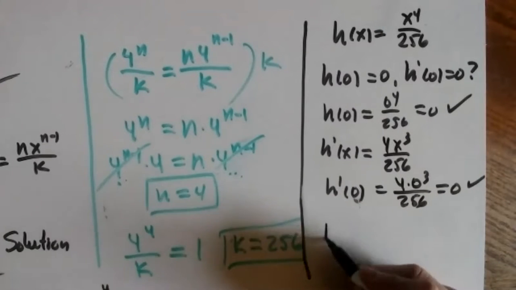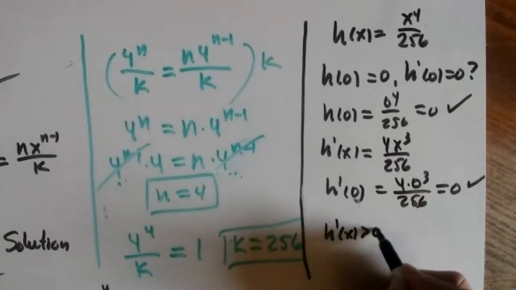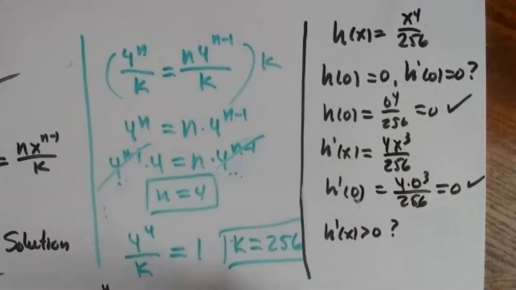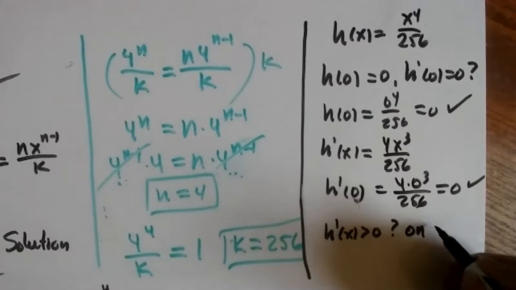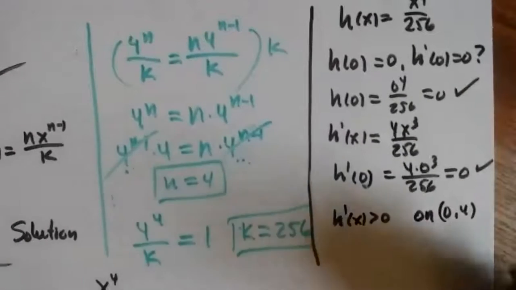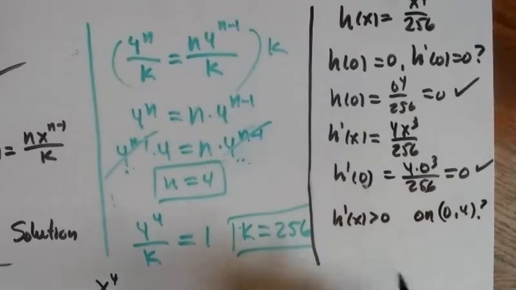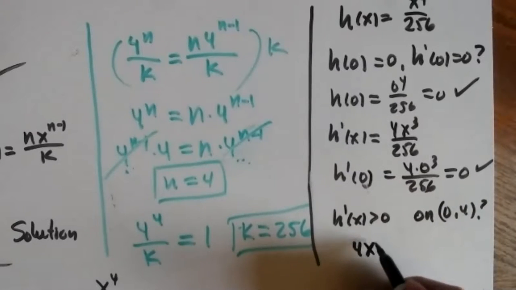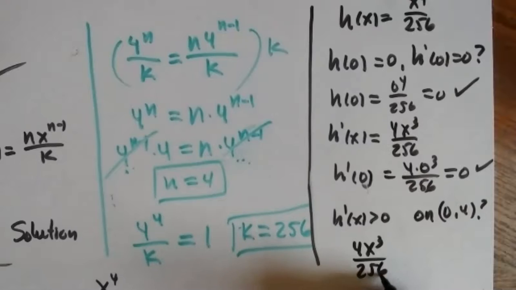Now, is h prime of x positive on 0 to 4? Okay, let's see. Is 4x cubed over 256 positive? What do you think?